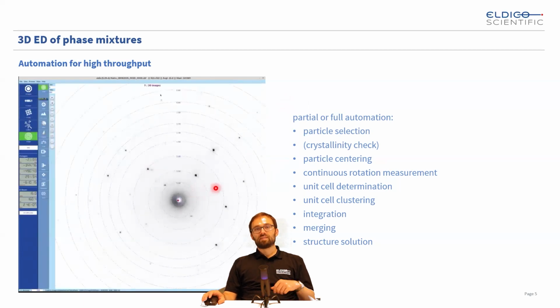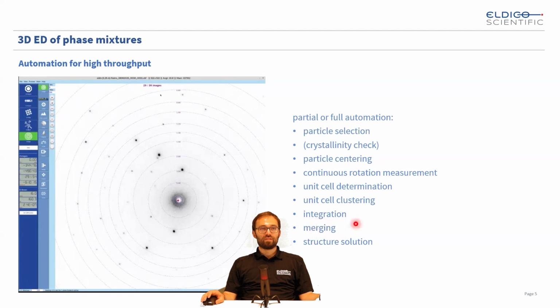And then after that, one could do all the steps of the data evaluation, determining the unit cell, clustering the data sets by unit cells, integrating the data, selective merging according to the unit cells, and finally a structure solution.